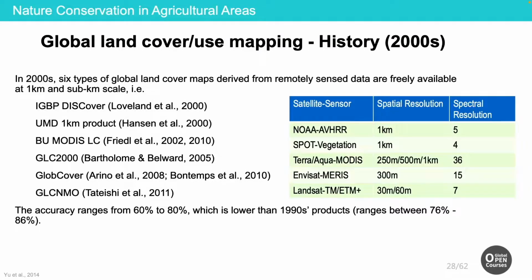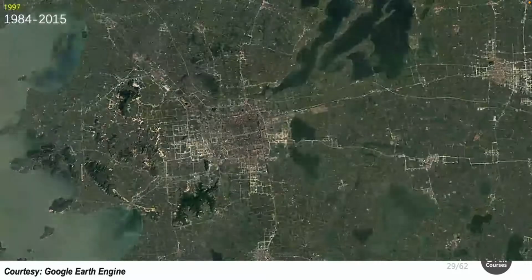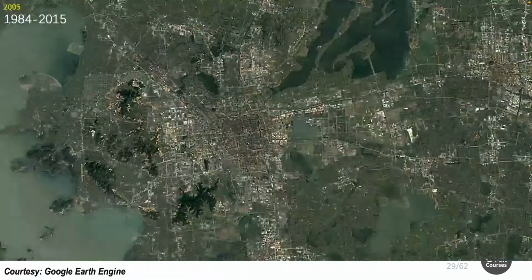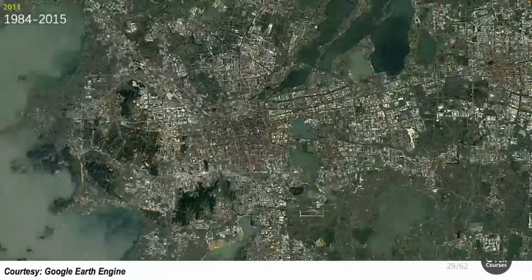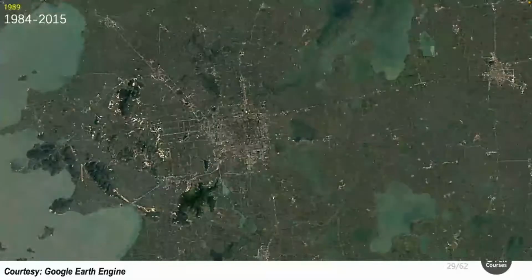And then with more and more satellite images available, lots of products were produced with better spatial resolutions. So when we have the time series of observations from the satellite, then we can see the world in this way. So here is a time series of the yearly remote sensing images.